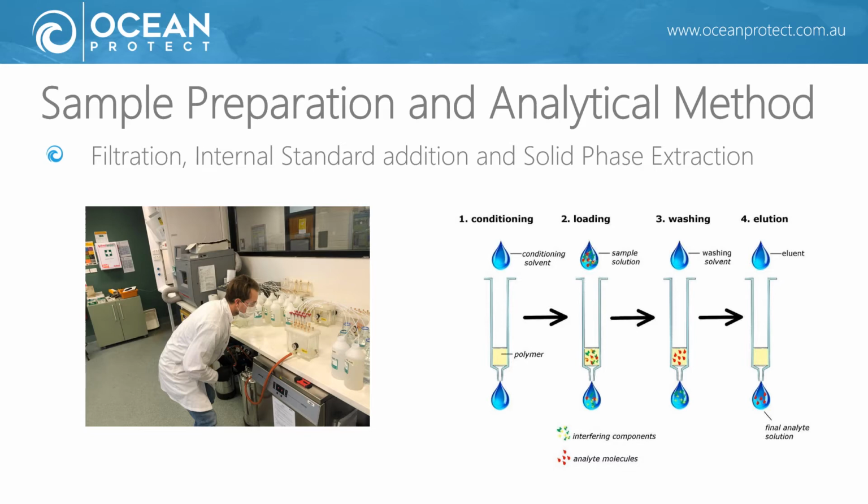The solid phase extraction is the cleanup step and 1,000-fold concentration of the samples as seen in the right figure. Analytes are extracted from 1 liter samples onto the solid phase extraction cartridges. These samples are then eluted with solvent and evaporated to 1 milliliter prior to analysis by ultra-high performance liquid chromatography with tandem mass spectrometry.